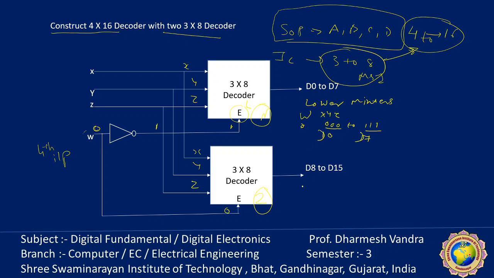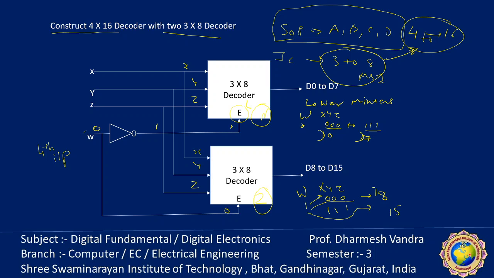But when W is equal to 1 and XYZ is 0 0 0 to 1 1 1, if I put here WXYZ 1 0 0 0, this will become 8, and 1 1 1 1, all four are 1, means it is 15.